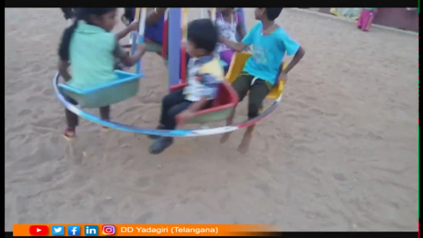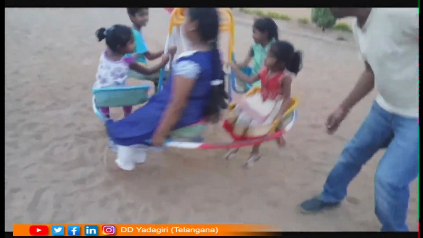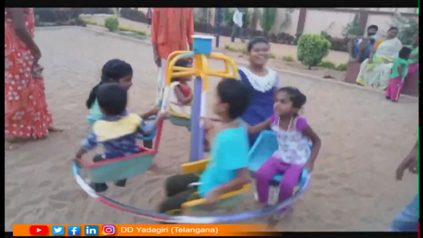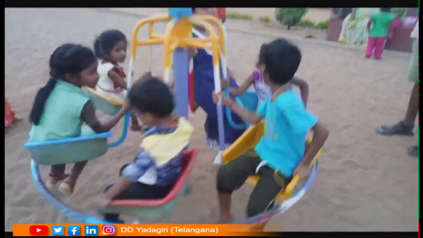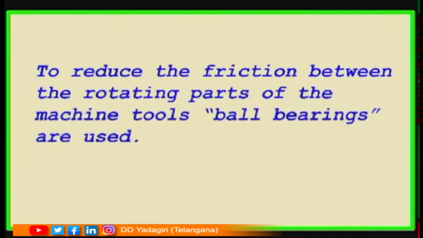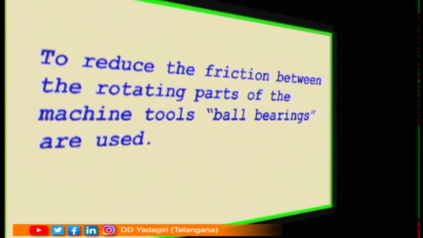The ride is made happy because there is a smooth rotation because of ball bearings. To reduce the friction between the rotating parts of the machine tools, ball bearings are used.